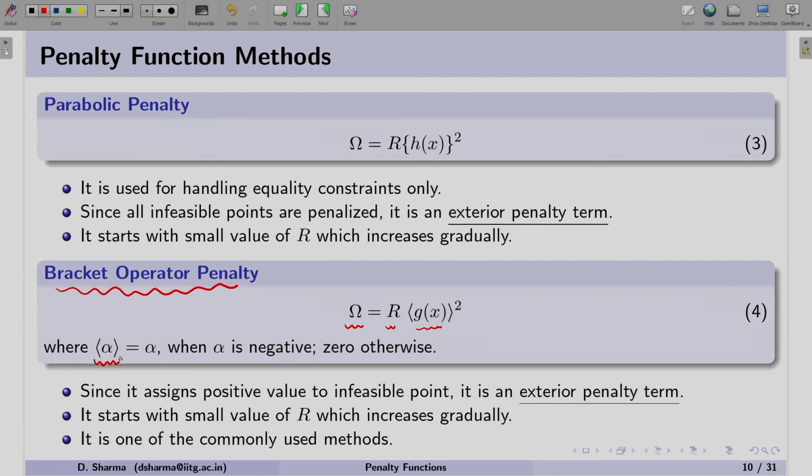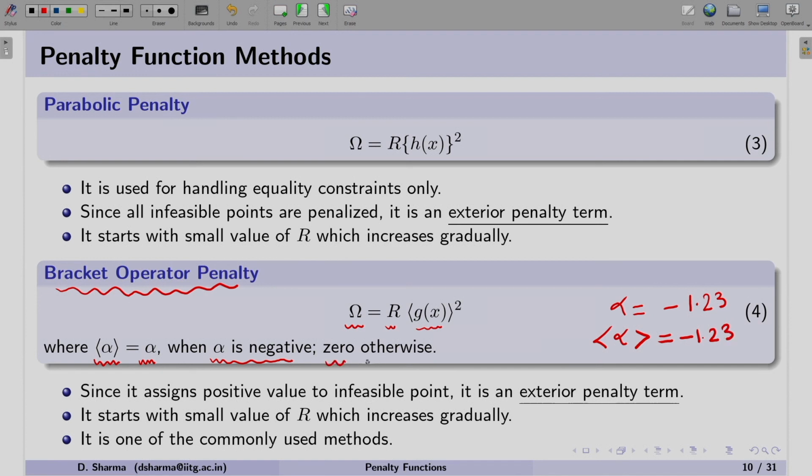If we say the bracket of alpha, this is going to be exactly alpha when alpha is negative, meaning that if alpha is minus, say, 1.23, then the bracket operator of alpha is also minus 1.23.